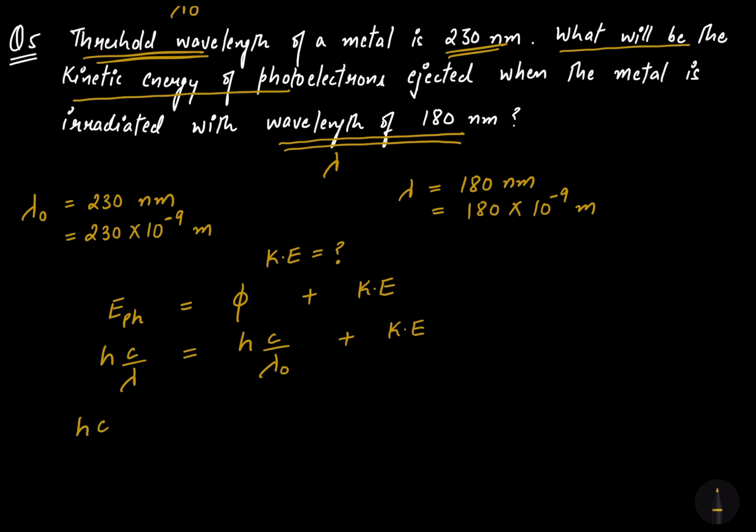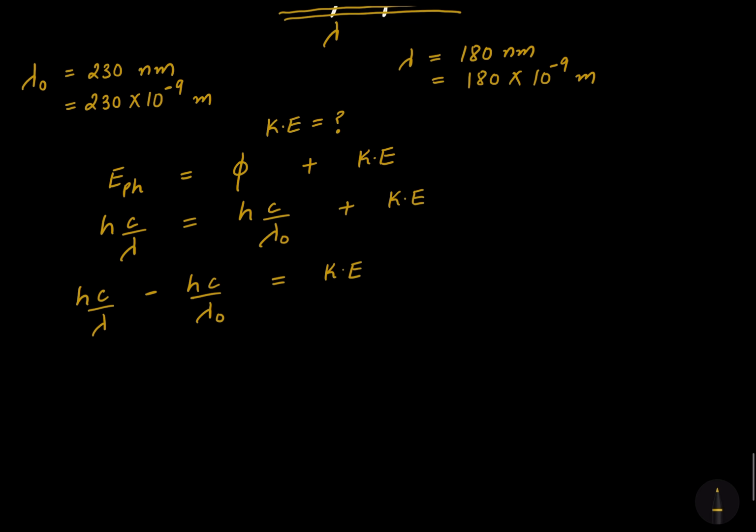Now hc by lambda minus hc by lambda naught will be equal to the kinetic energy. Now what next? I have taken h and c common. It comes out to be hc times (1 by lambda minus 1 by lambda naught), that will be equal to the kinetic energy. So now let's substitute all the values.